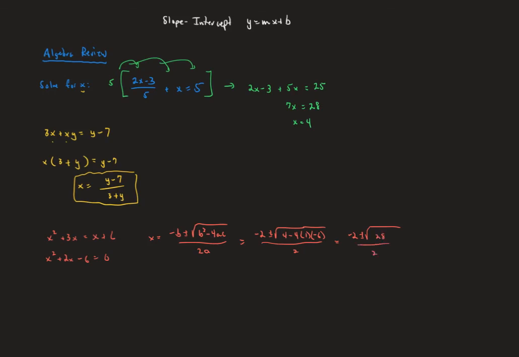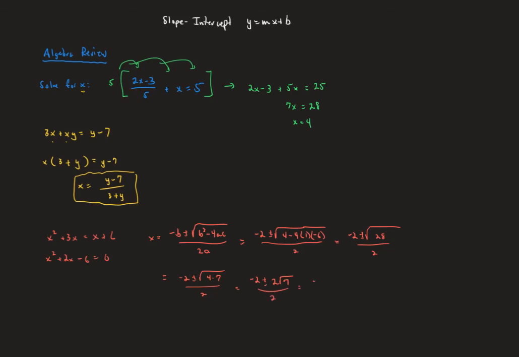Of course, we're not satisfied here. We remember that you must simplify that square root of 28 and think of that as 4 times 7. And so that's going to become negative 2 plus or minus 2 square root of 7 all over 2.